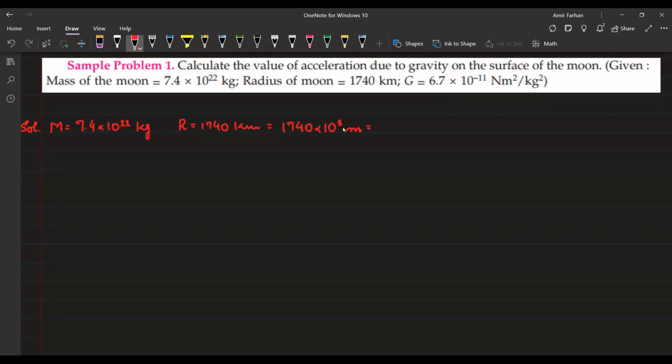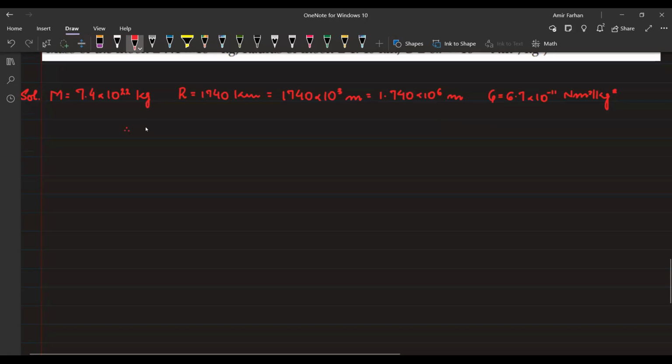So I can write this as 1.740 into 10 to the power 6 meter, yes or no, everyone? And the value of G is already given to you, that is 6.7 into 10 to the power minus 11 Newton meter square per kg square.